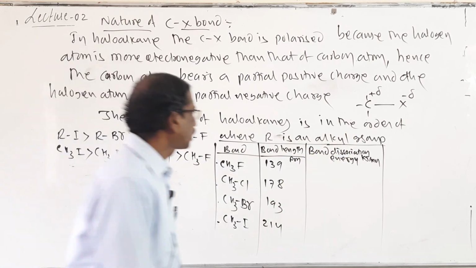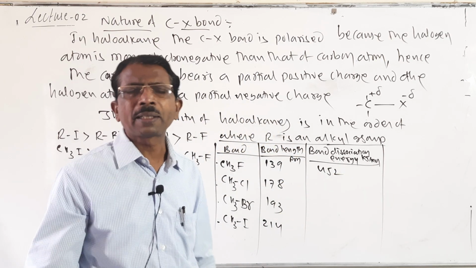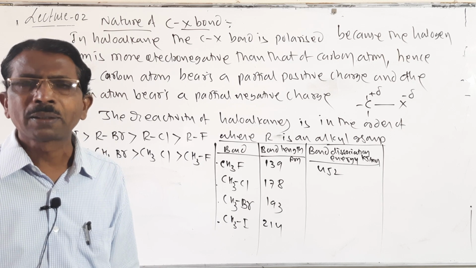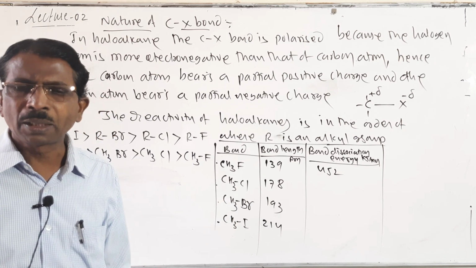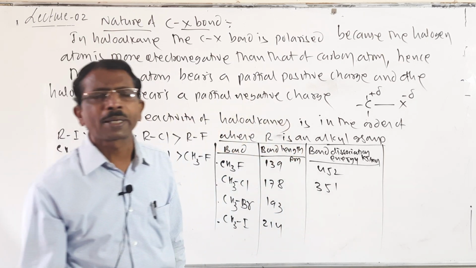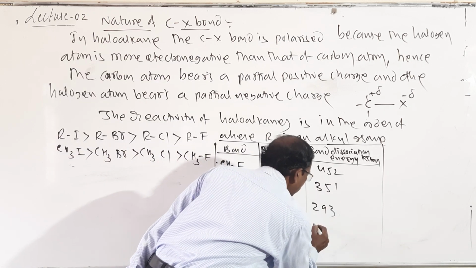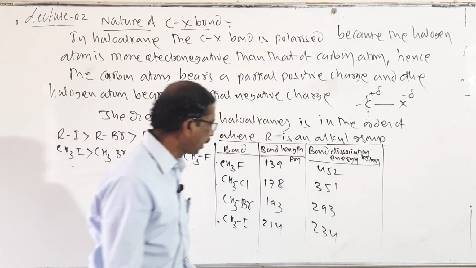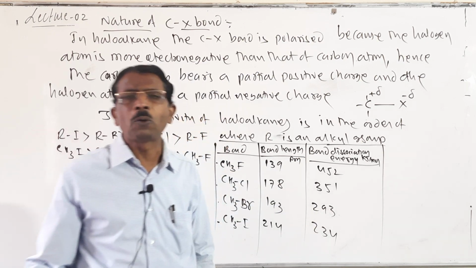And here the dissociation energy is 452, which is the highest bond dissociation enthalpy, in terms of kilojoules per mole. The next one is 351, then 293 and 234. So therefore the bond dissociation enthalpy goes on decreasing and the halogen can be easily removed.